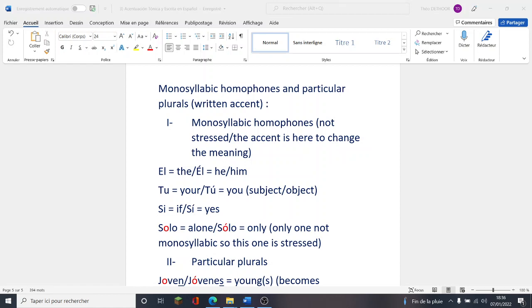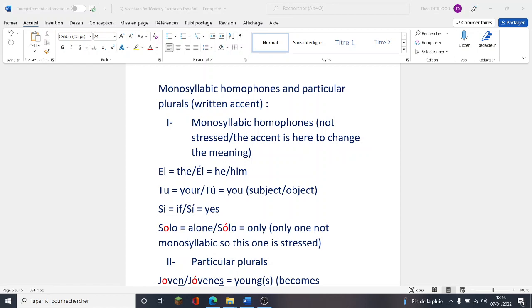Why did I change something about the word solo? It's because solo is not a monosyllabic word, but it also works like the first examples that I've told about. Solo is a plurisyllabic word because it has two syllables, but basically the word solo without accent and with accent are meant to be pronounced the same, solo and sólo.